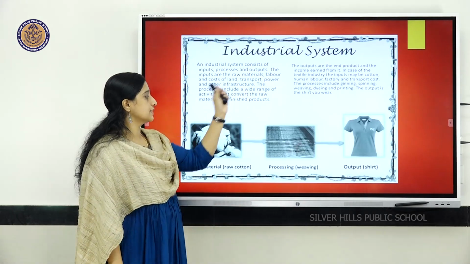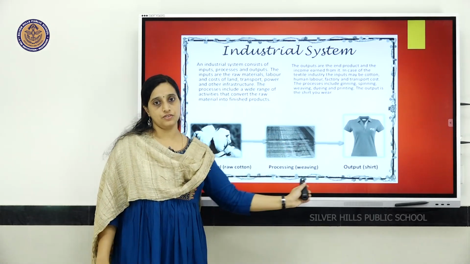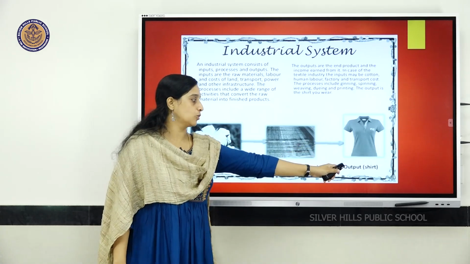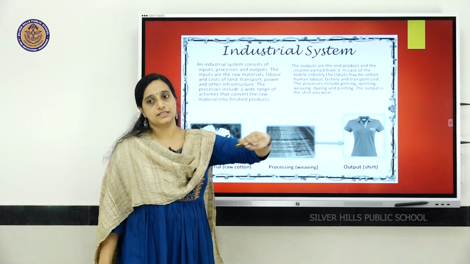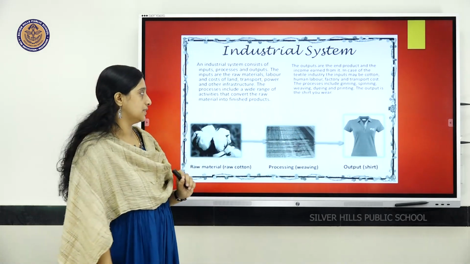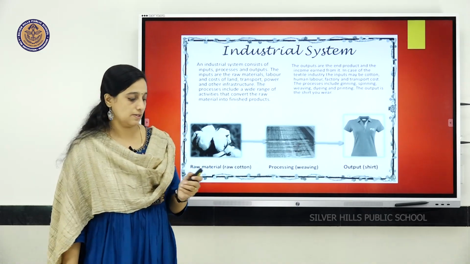Here we have the raw material cotton, the processing weaving happening, and the output is the shirt or garment. This is how the industrial system works.